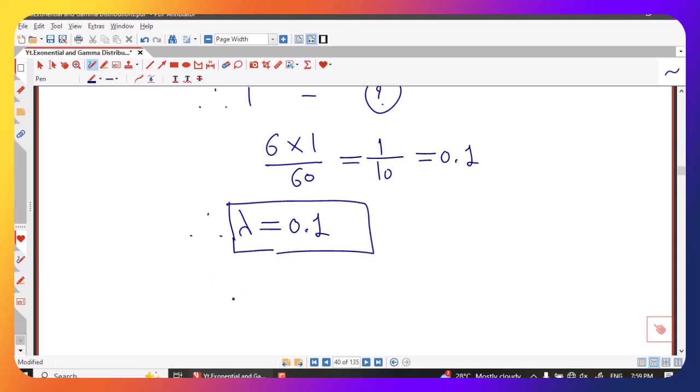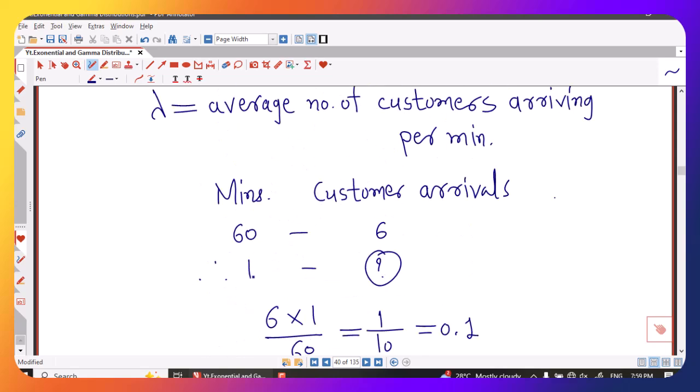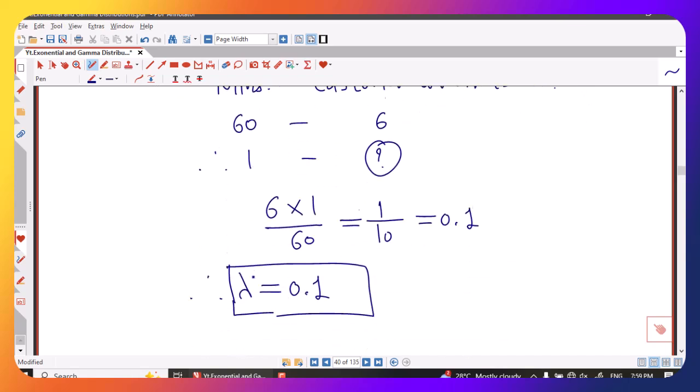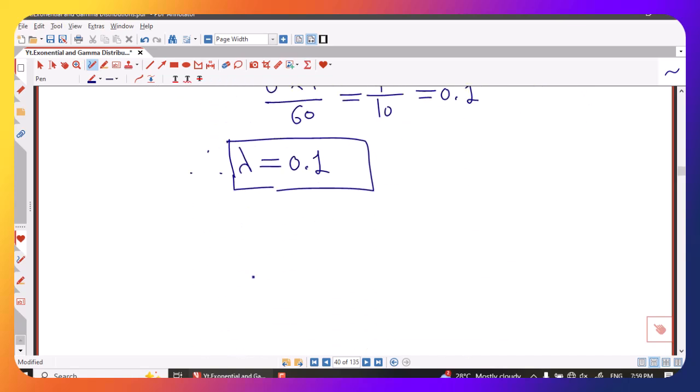And once we find out lambda, we can calculate the probabilities either using probability density function or cumulative distribution function of exponential random variable. So we are using CDF, that is cumulative distribution function.